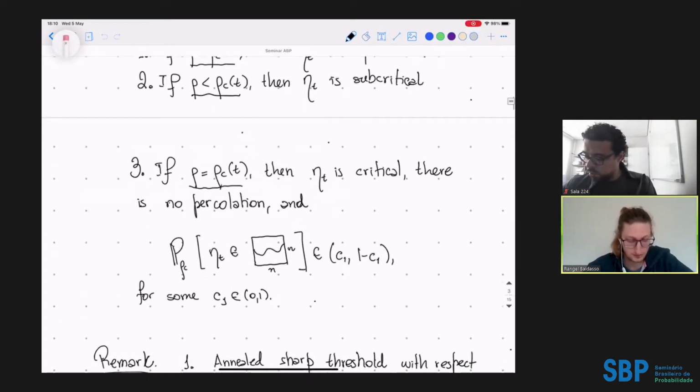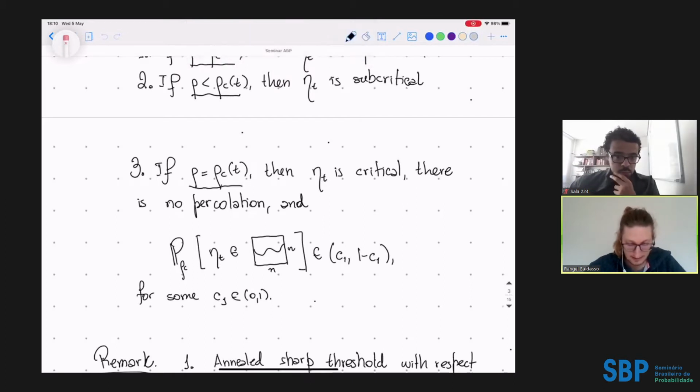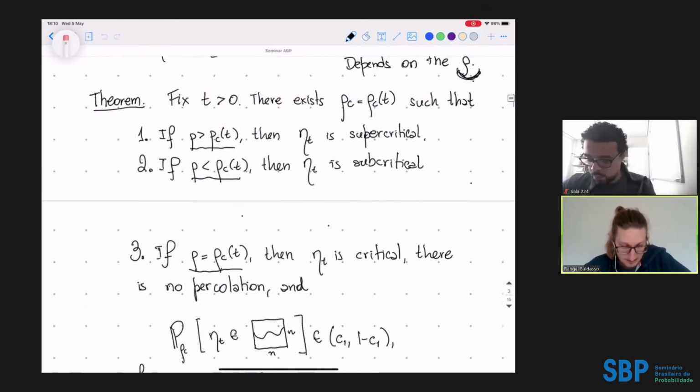Furthermore, we also have some root estimates: the probability of crossing an n by n box at time t is bounded from above and below by some positive constant.